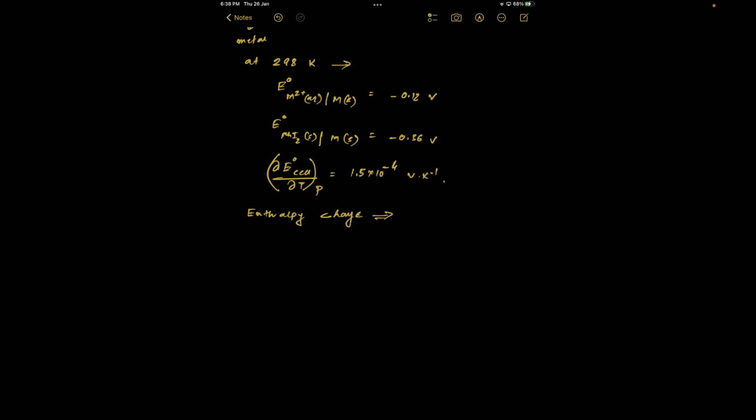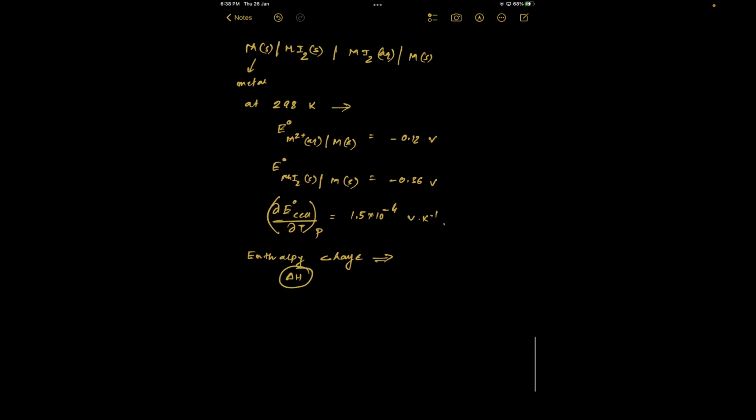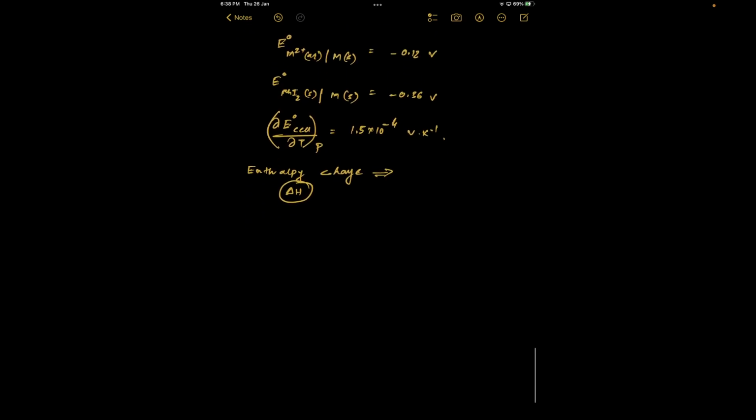Okay, so enthalpy change means delta H. So what we have got here? Basically in the electrochemical cell, let's write it down. M solid, MI2 solid, this is the anode, and MI2 aqueous to M solid, this is the cathode, right?